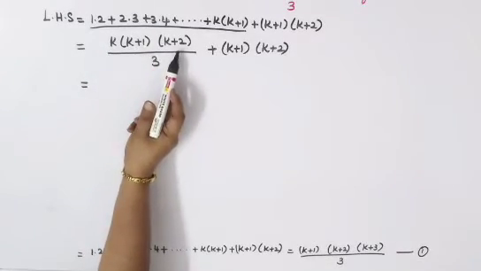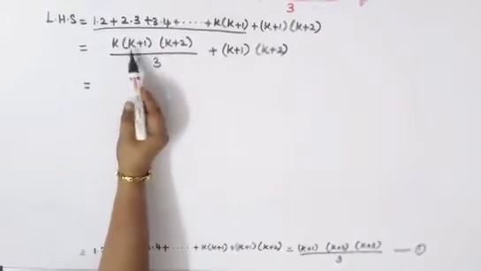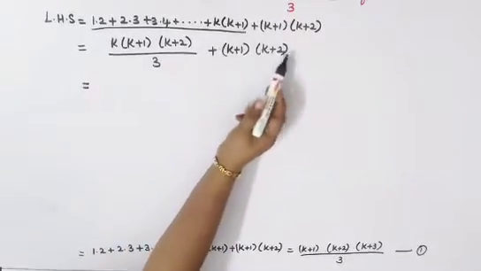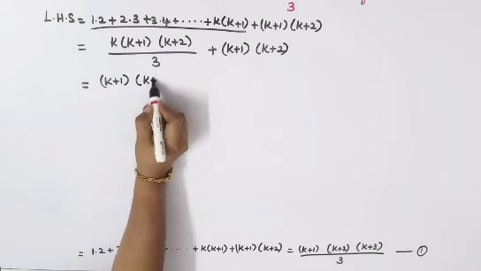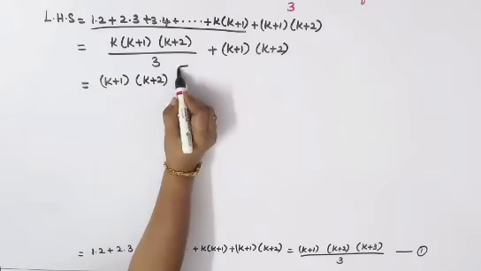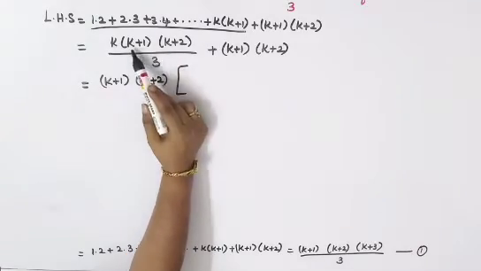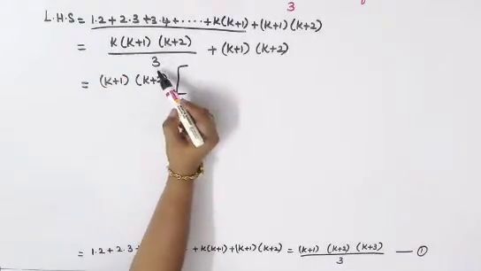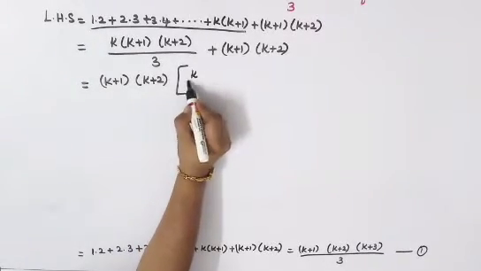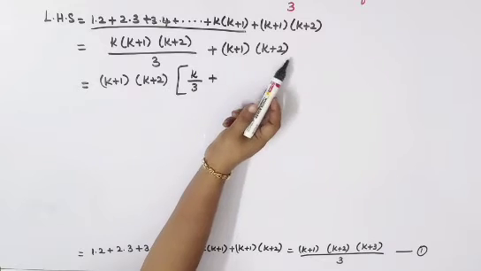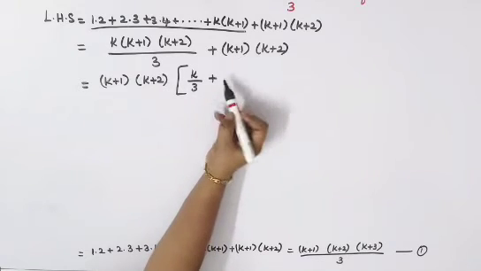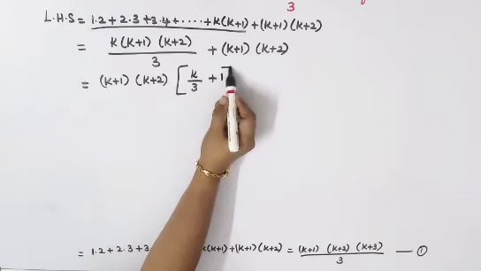Equal to, just take your k plus 1, k plus 2 common, because in your first term also you will have that and in your second term also you will have it. So k plus 1 into k plus 2, I'll just remove it outside and write all the left out terms. So this is already out, so you'll have only k by 3. So k by 3 plus, here already k plus 1 and k plus 2 is out, so nothing is there means 1 will be there.